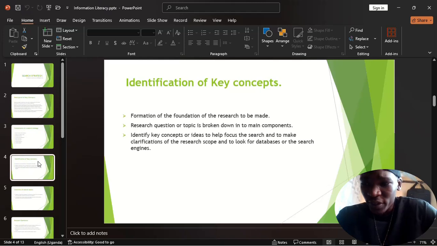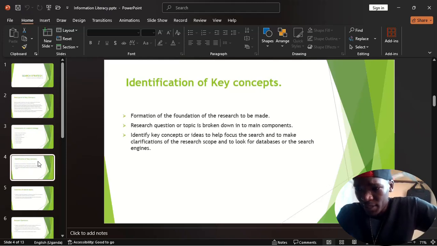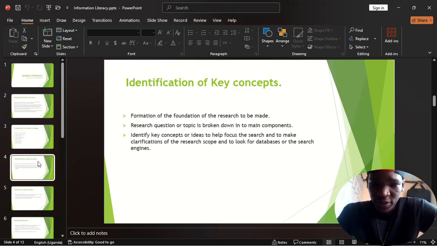I'll take an example: when you're asked to search about the effects of climate change on agricultural productivity in Africa. When we are trying to identify the key concepts, we cite out the keywords.